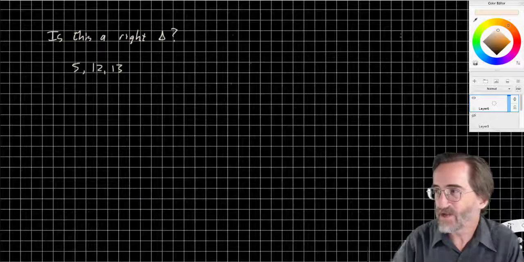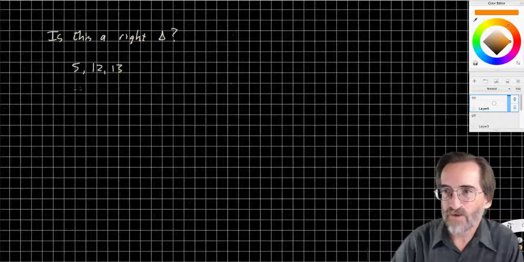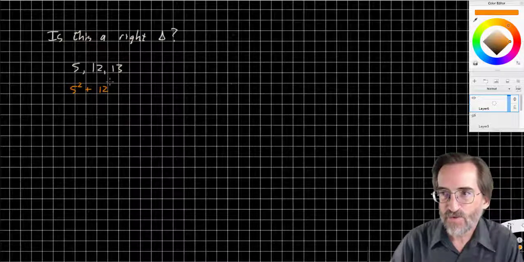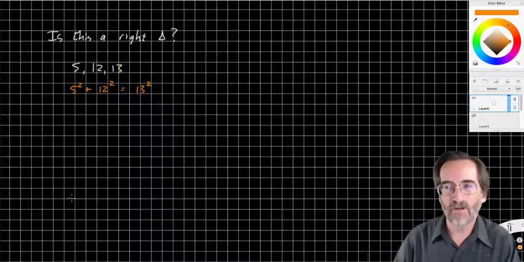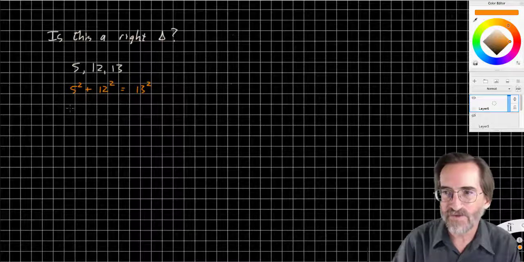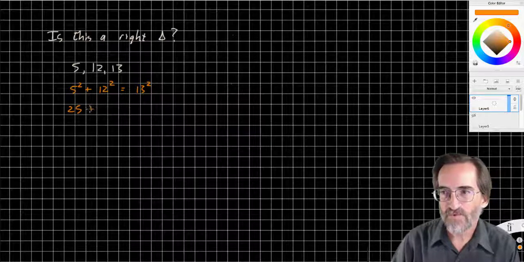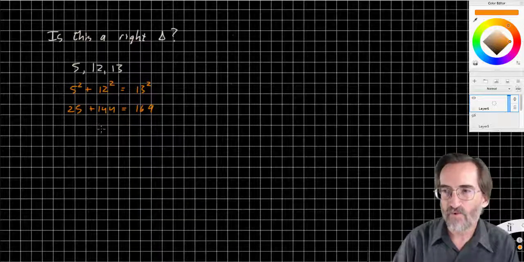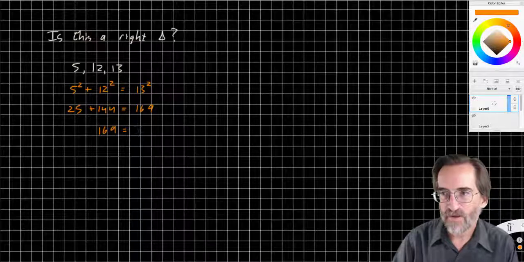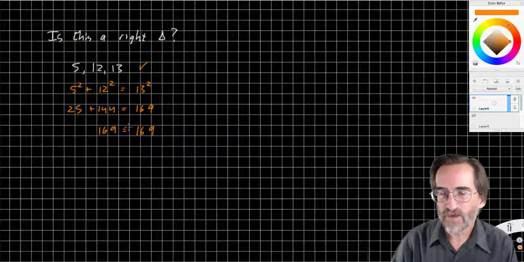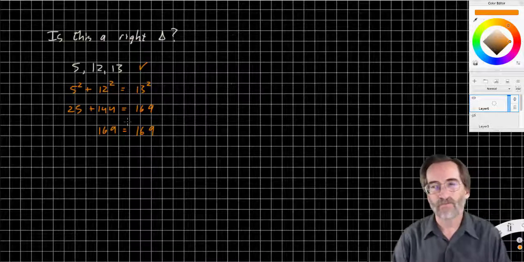Well, to test, we're going to test it with the Pythagorean theorem. 5 squared, the two smaller ones, plus 12 squared, will need to equal the largest one squared. 5 squared is 25. 12 squared is 144. 13 squared is 169. 25 and 144 is 169. So yes, this is a right triangle.